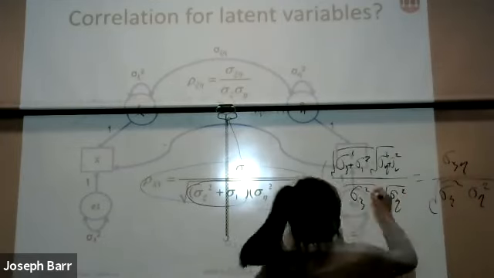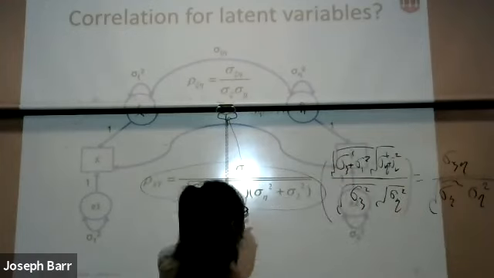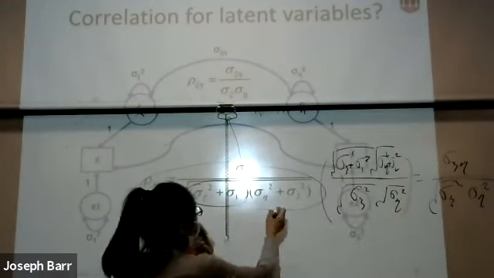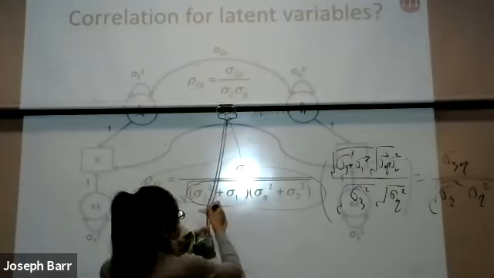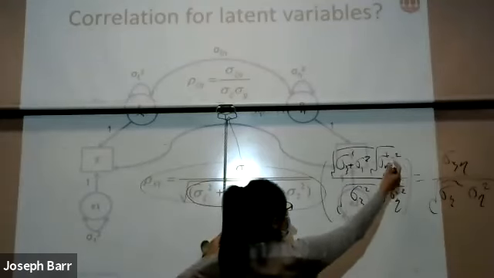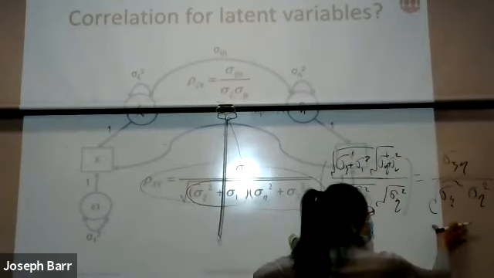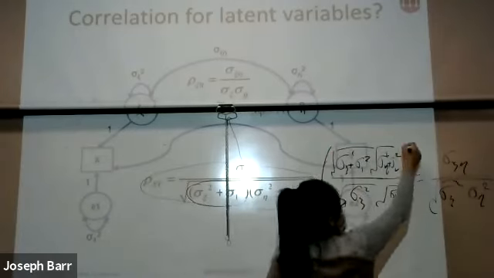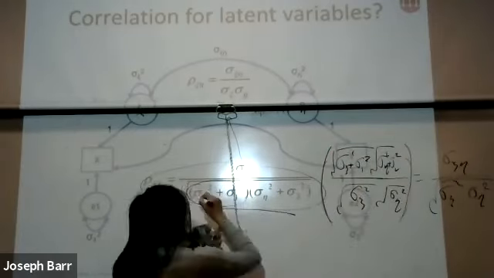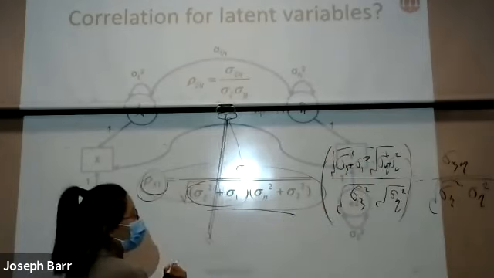If we have this term multiplied by this original term, we cancel these two parts. We cancel this part, this part, this part, this part, and then we have a new bottom here. Then the formula is exactly the same here. So we need to multiply this term by the previous original observed correlation.